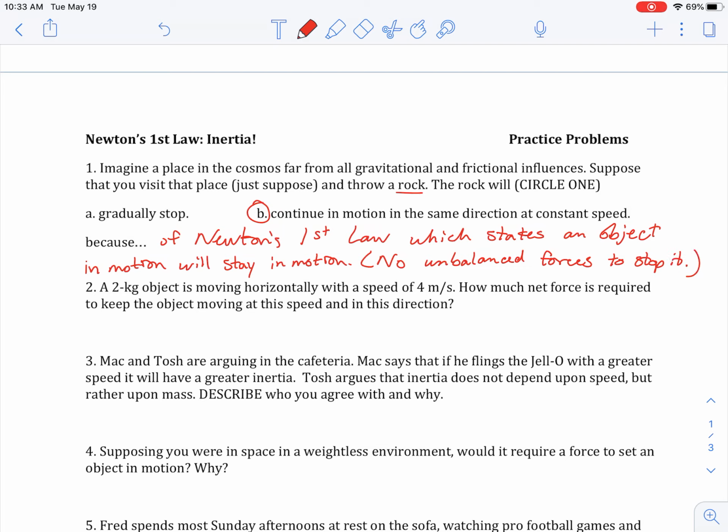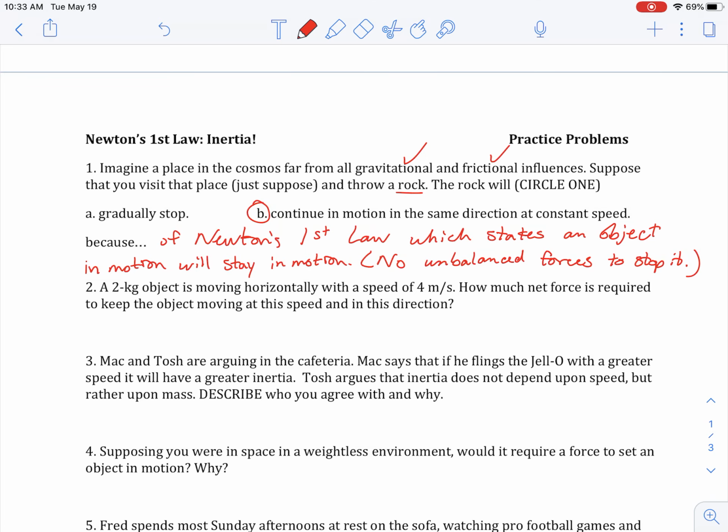In this place, since there's no other gravitational force to cause the rock to change its direction, and there's no friction to slow it down, that object will just keep doing what it's doing because of its inertia. That's what that first law is all about.